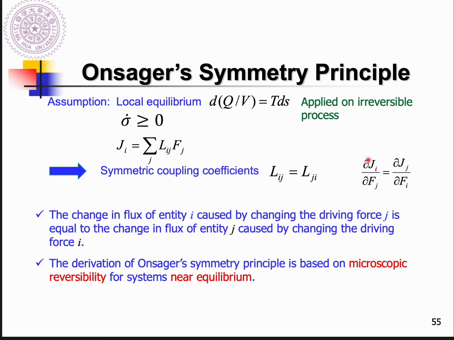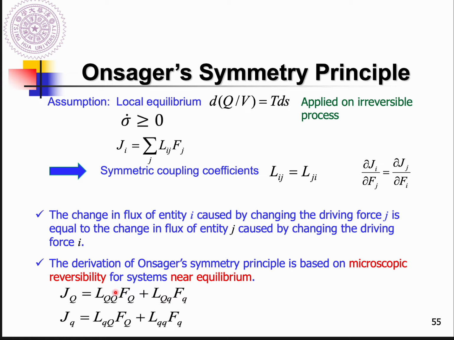The physical meaning of Lij is the change in flux of entity i caused by the driving force j, which equals the change in flux of entity j driven by the driving force i. In most cases, we observe these results are correct. So some people say it is not only an assumption, and call it a principle. The derivation of this Onsager symmetry is based on microscopic reversibility for systems near equilibrium.